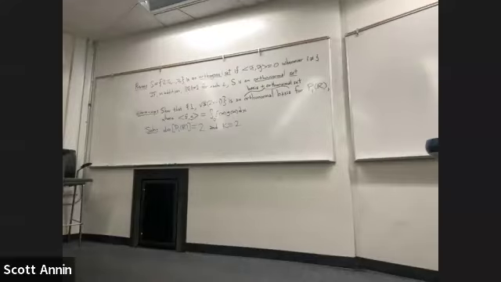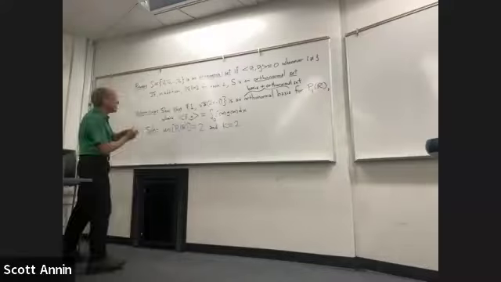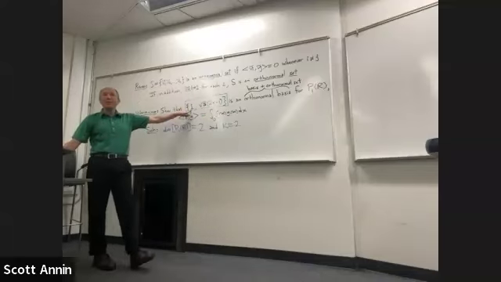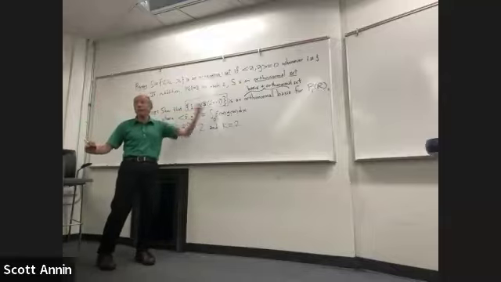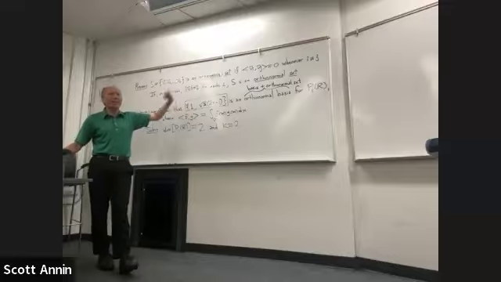Can somebody tell me why I know just by looking at these two vectors that they will be LI? Go ahead. Scalar multiple of each other? They're not scalar multiples of each other. Exactly. So if I look at my set here, guys, I cannot take the first vector and multiply it by a number and get the second vector. If I take 1 and I multiply it by a number, I'm only going to get numbers.